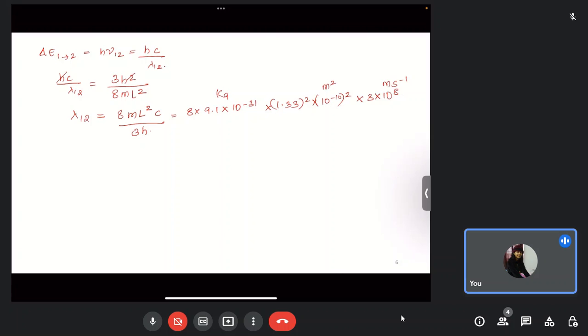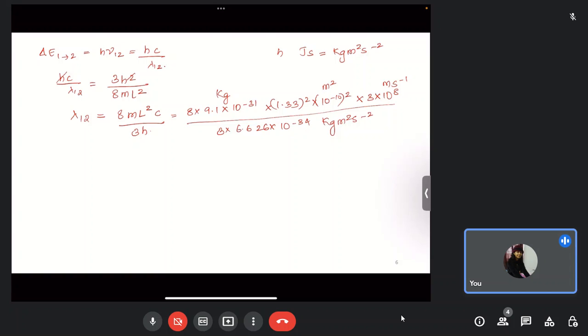This is in kilogram. Divided by 3 into 6.626 into 10 to the power minus 34. So H has a unit of joule second, and this is equal to kilogram meter square second inverse.